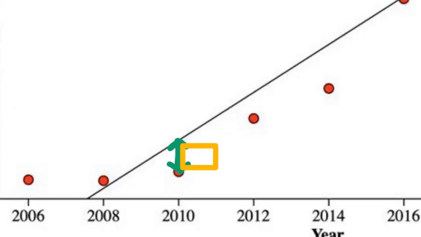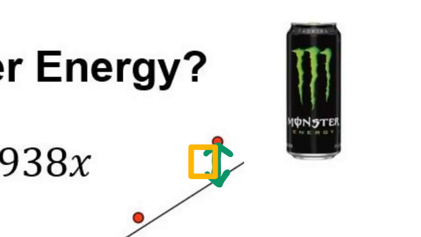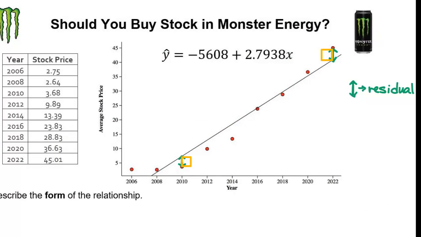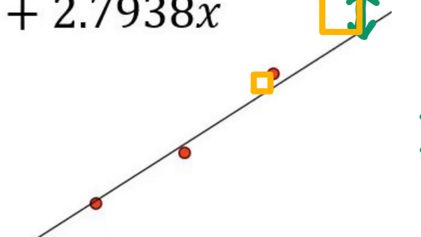It becomes positive no matter what kind of number you had. So my negative residual would have a positive squared value. If I do that for every single one of these points, I calculate the residual and then I square it.